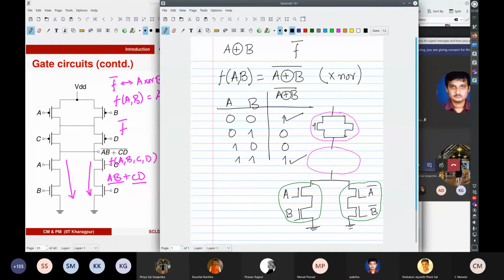And I have a similar structure over here.